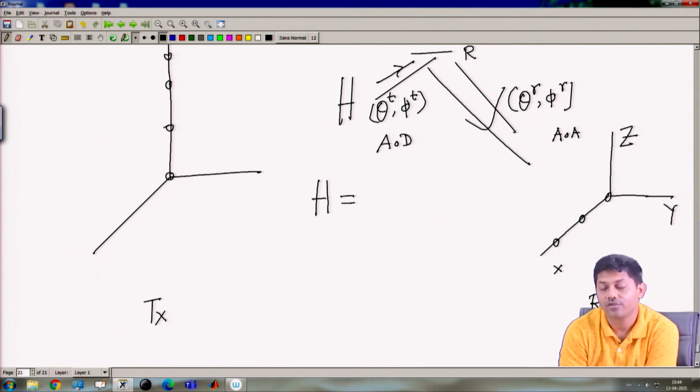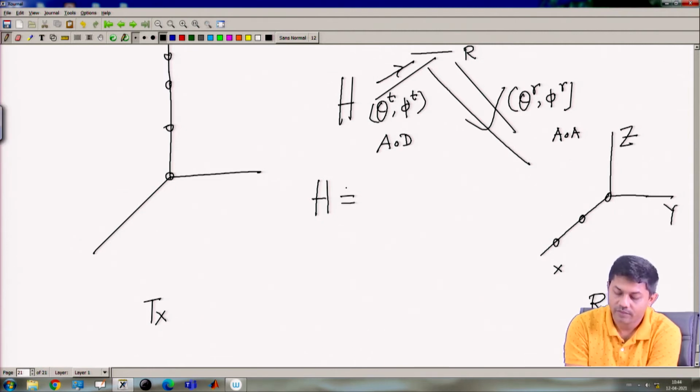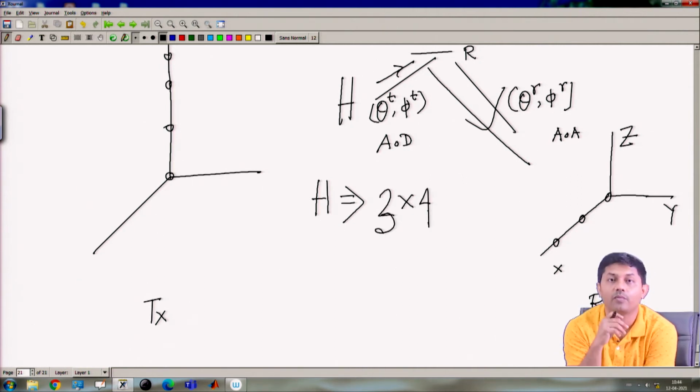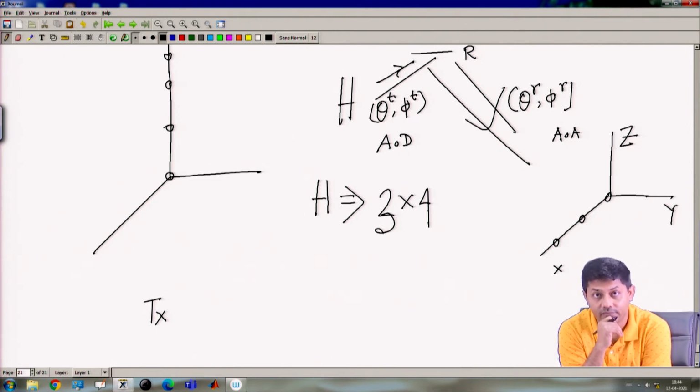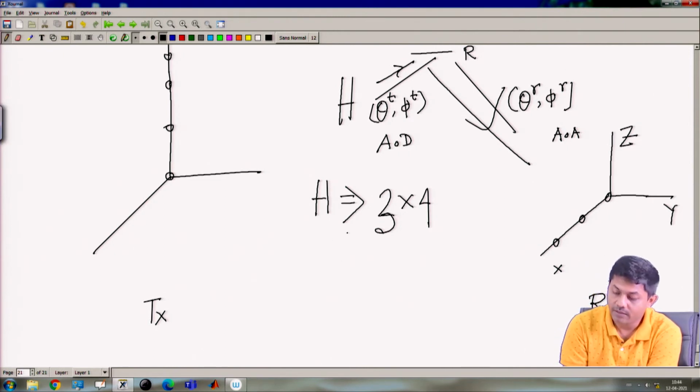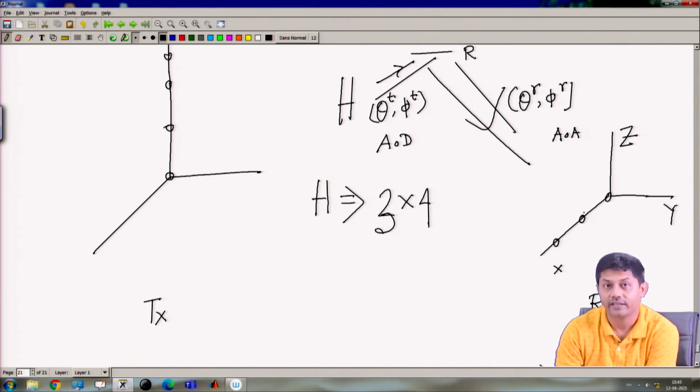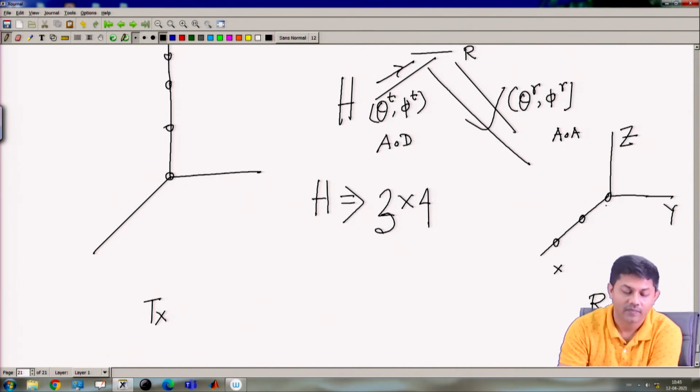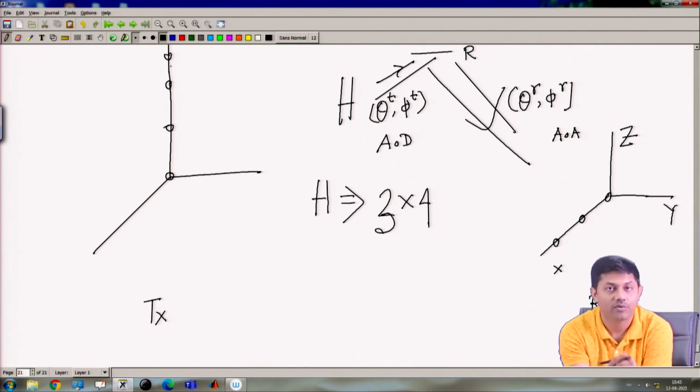The dimension of H will be NR cross NT, which is simply a 3 cross 4 matrix. Okay. Which means my receive manifold vector AR is 3 cross 1 and the transmit manifold vector is 4 cross 1.